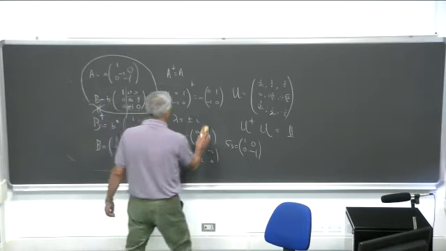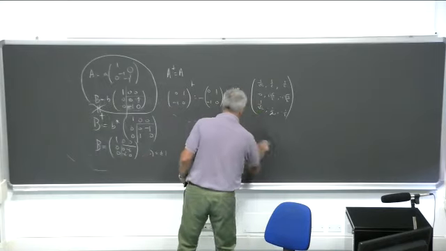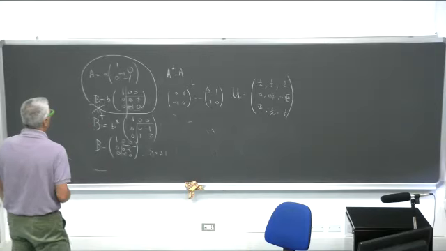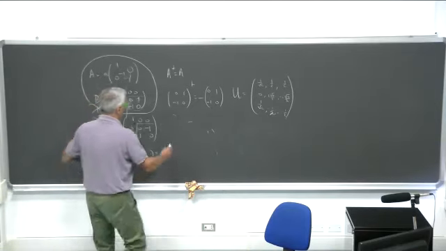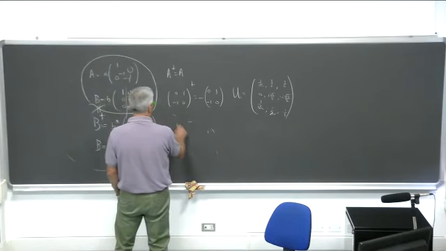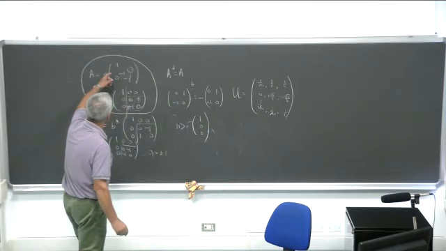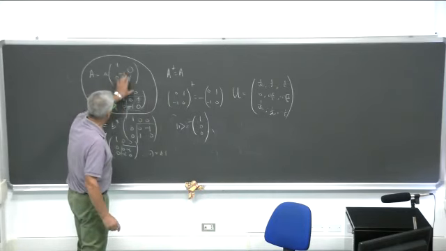So the conclusion is that these have a common eigenvector, which is the obvious one, 1, 0, 0. This is an eigenvector of both this and that. The problem is with this part here.